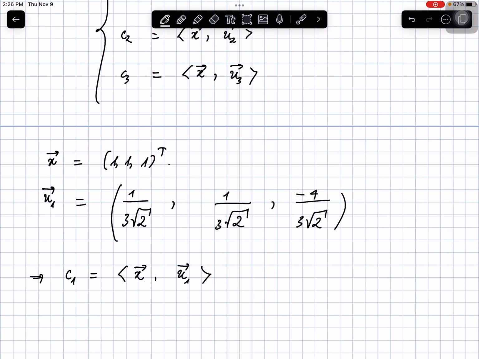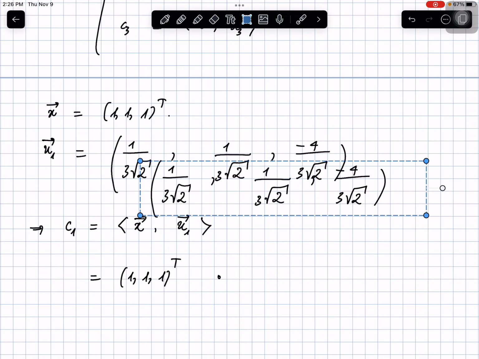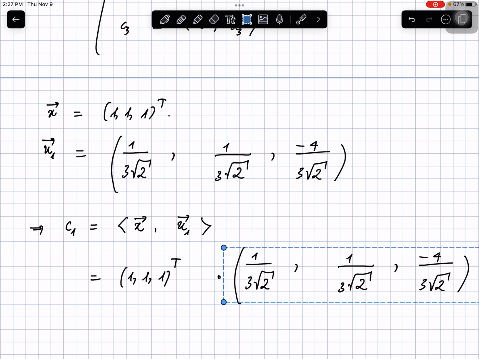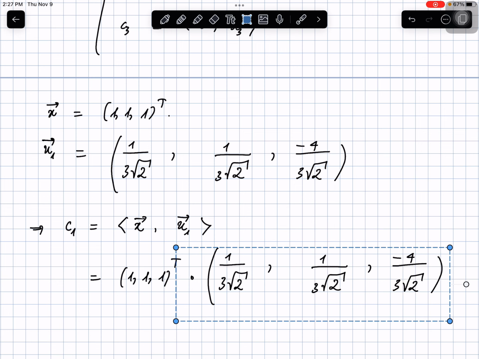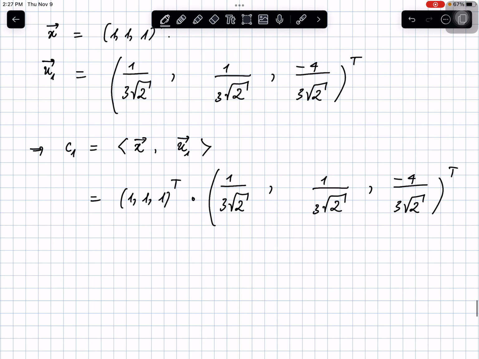It is just the dot product of the two vectors: 1 times 1 over 3 root 2, plus 1 times 1 over 3 root 2, plus 1 times minus 4 over 3 root 2.